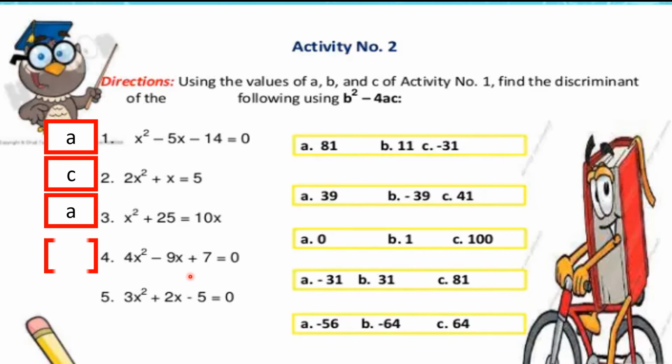So, the answer is letter A, negative 31. And then, we have negative or 2 squared minus 4 times 3 times negative 5. And the answer is letter C, which is 64.